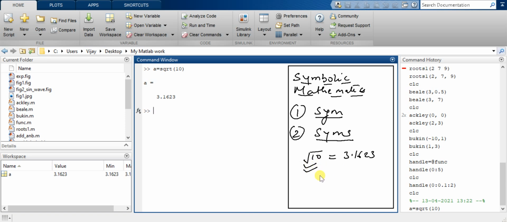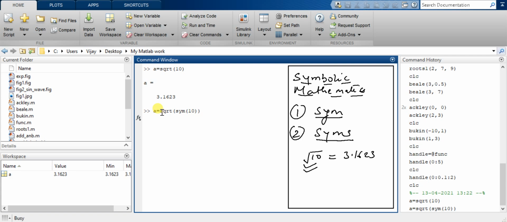So we can use the sym command like that. Let's take a equal to sqrt of sym, and pass the value we want, 10.